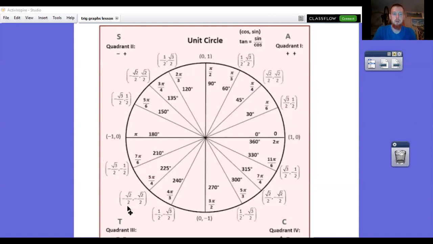In quadrant 3, only tangent of the angle is positive because you have a negative cosine and a negative sine value. And then C in quadrant 4 is for cosine is positive and sine is negative. My pre-cal teacher, when I took pre-cal, taught this as all students take calculus. That's an easy way to remember which quadrant has which function with a positive value.